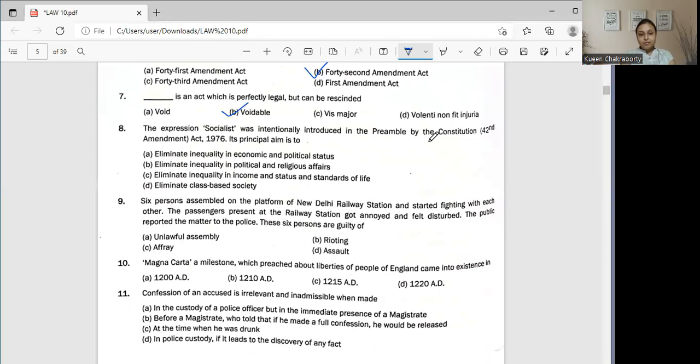Option B, eliminate inequality in political and religious affairs. Option C, eliminate inequality in income and status and standards of life. Or option D, eliminate class-based society. So by the expression socialist, according to the 42nd Amendment Act, its principal aim was to eliminate inequality in income and status and raise the standards of life. That is option C.